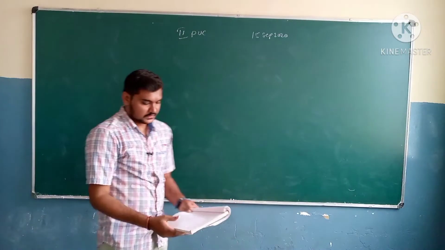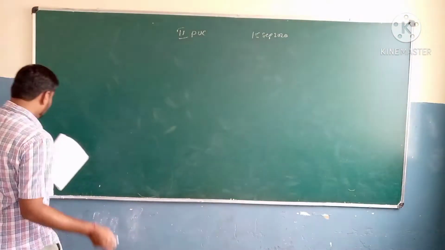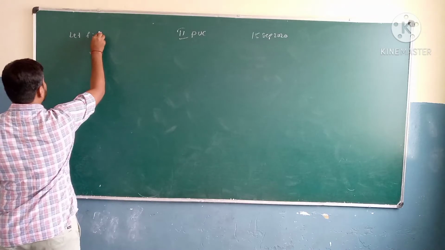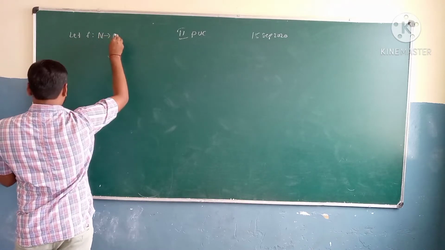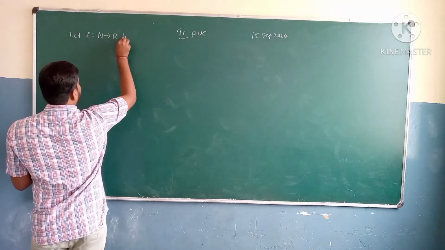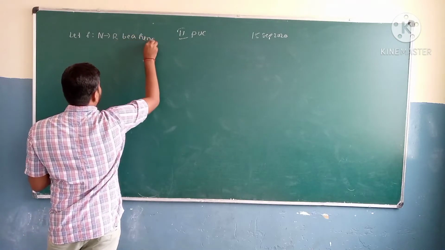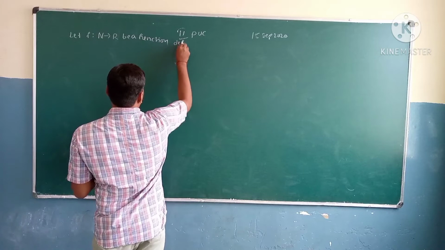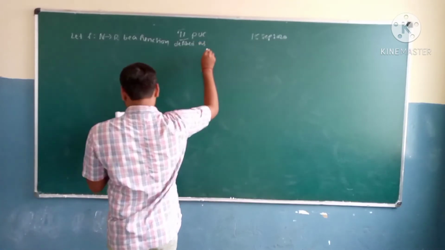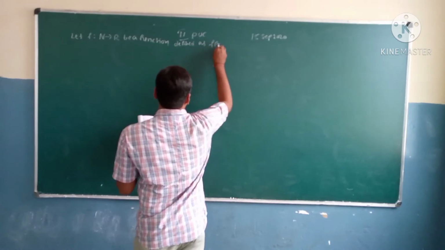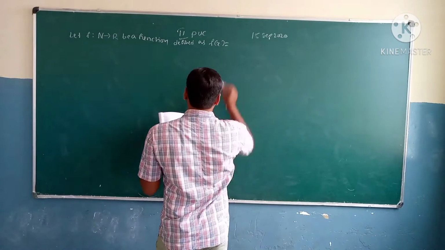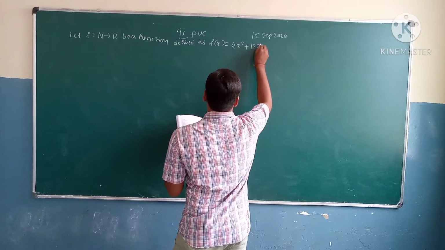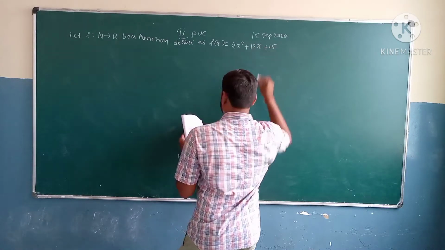Okay. The next one is the next question. Let f from N to R be a function defined as f of x is equal to 4x square plus 12x plus 15.